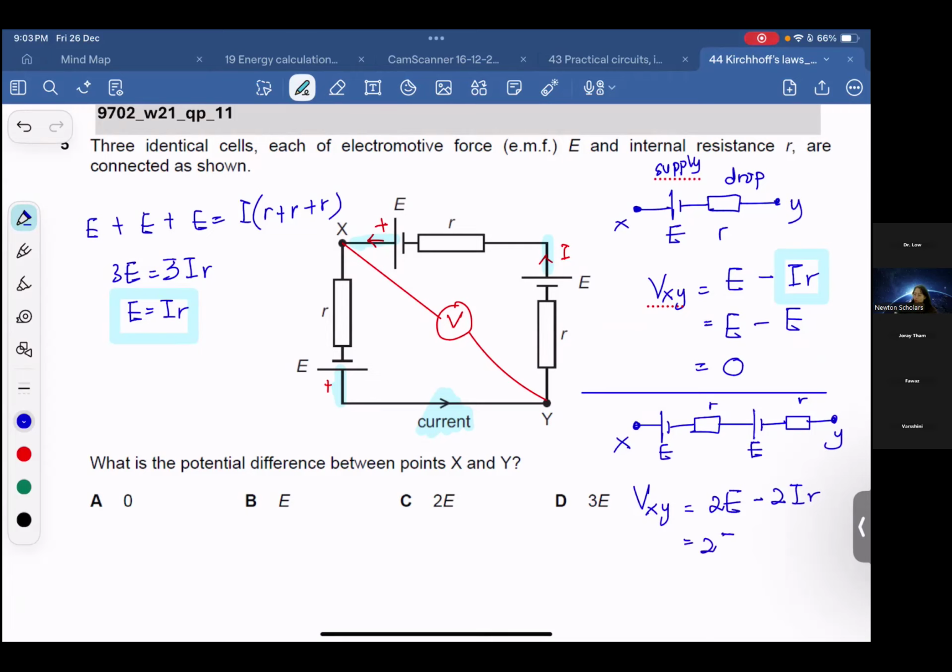So here 2E minus 2IR, where IR is E, so it's actually 0.